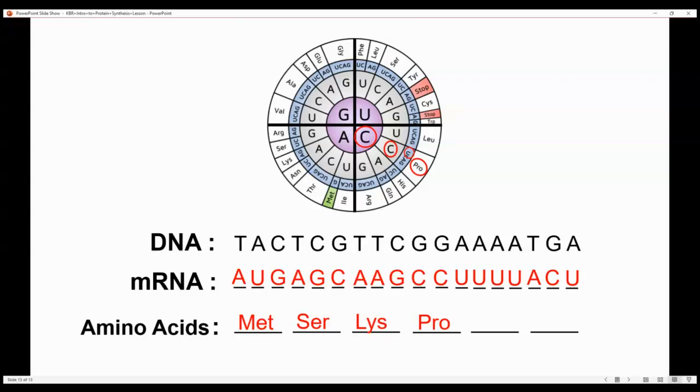Now let's find UUU. There's the U, there's the other U, and there's the third U. And PHE is the amino acid. Now for ACU. There's the A, there's the C, there's the U, and THR is the amino acid.